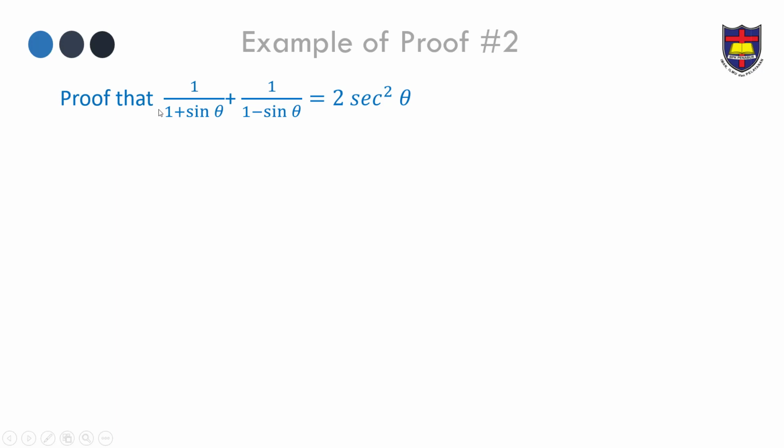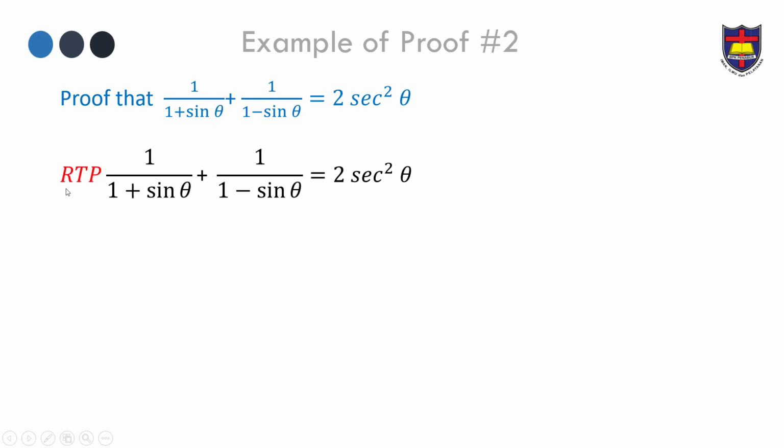The second proof, here we have 1 over 1 plus sine theta plus 1 over 1 minus sine theta equal to secant square theta. If you want to write it down, don't forget the symbol RTP, required to be proved. Then, you choose which side you will start from.